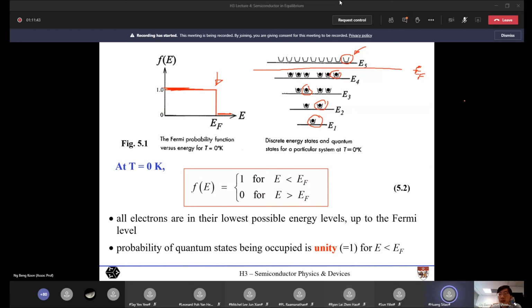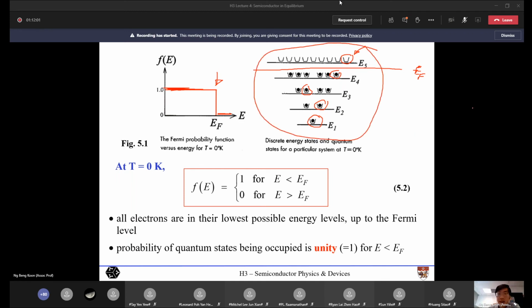At this stage, we look at the limiting case, the special case where the temperature is 0 Kelvin. And I would like you to appreciate the correspondence between the Fermi-Dirac distribution function and a physical system like this.